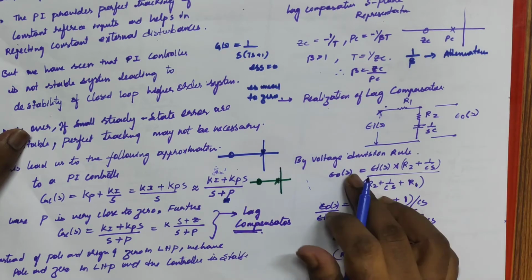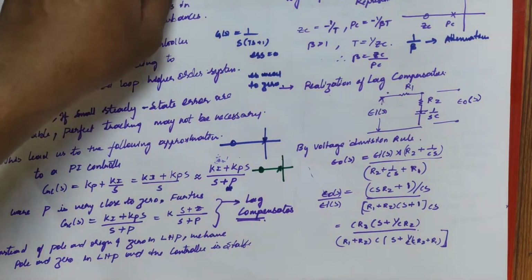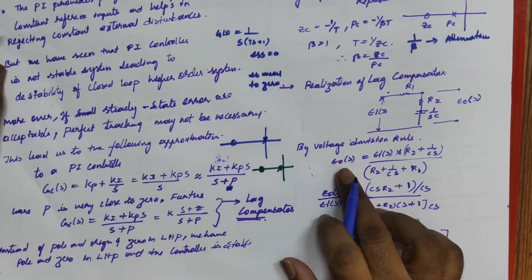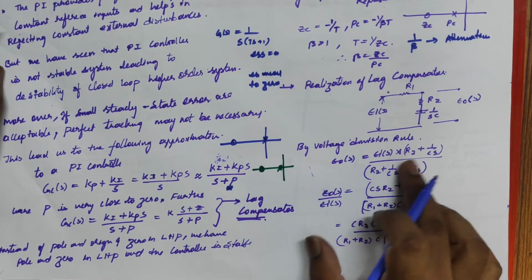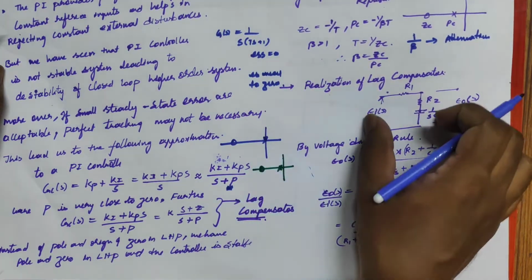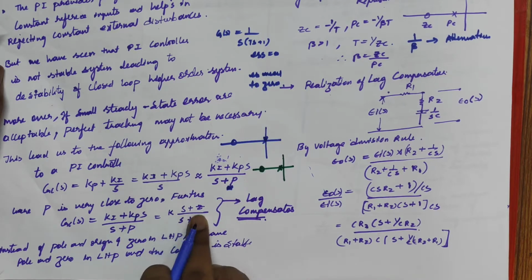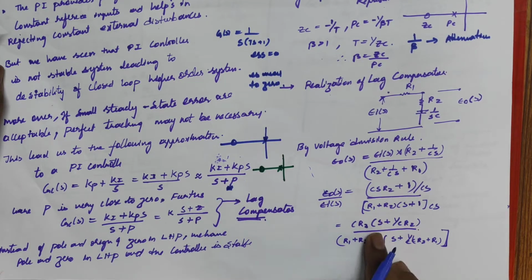By the voltage division rule, since we are experts in circuit calculations, we get E_o(s) by E_i(s). While solving this, my mind is thinking about getting this equation, S plus Z over S plus P. So for that, this is what I get.